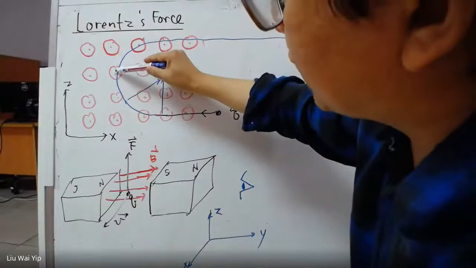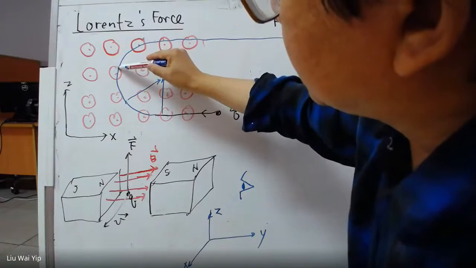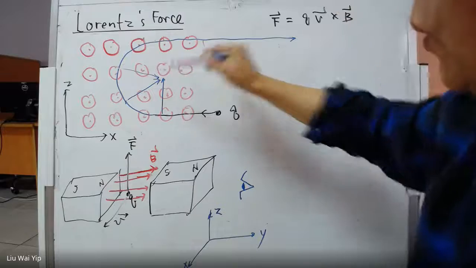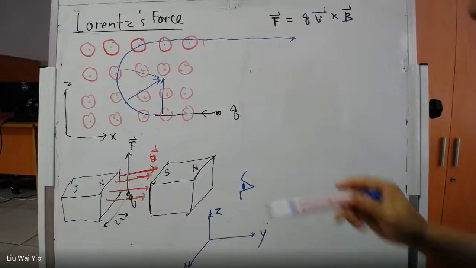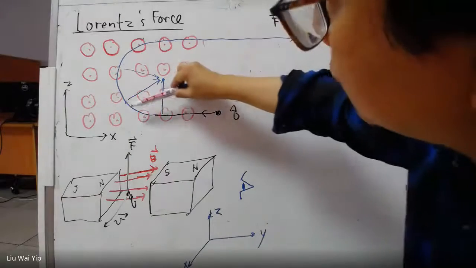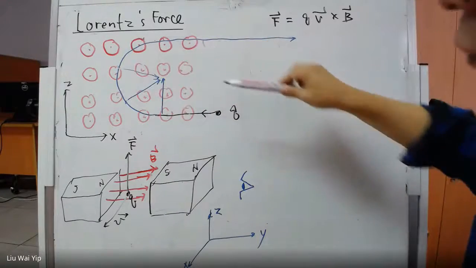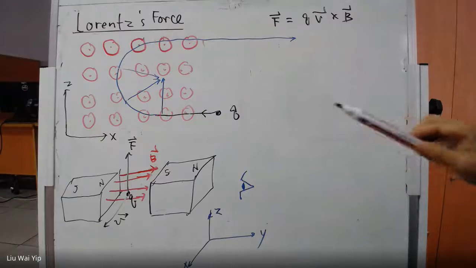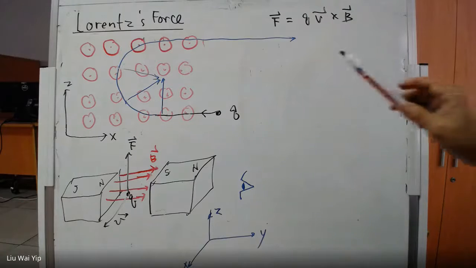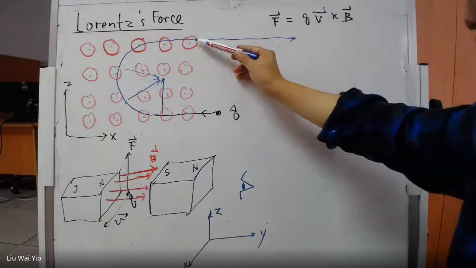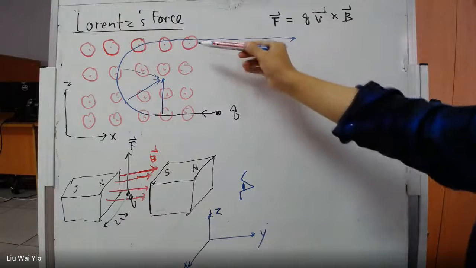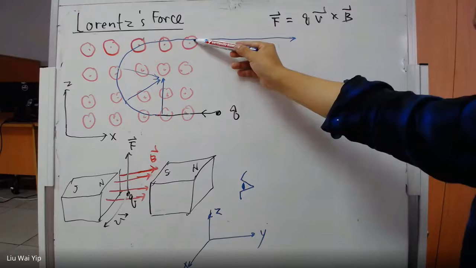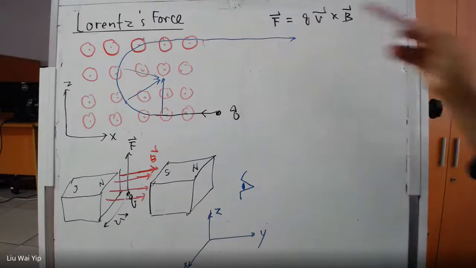And as it goes further, there is a force pulling the charged particle towards the center. As a result, the locus of movement is going to be circular instead of being in a straight line. And eventually, the charged particle ends up leaving the magnetic field, and then it is free of the interference of the magnetic field, and it will just fly in a straight line.